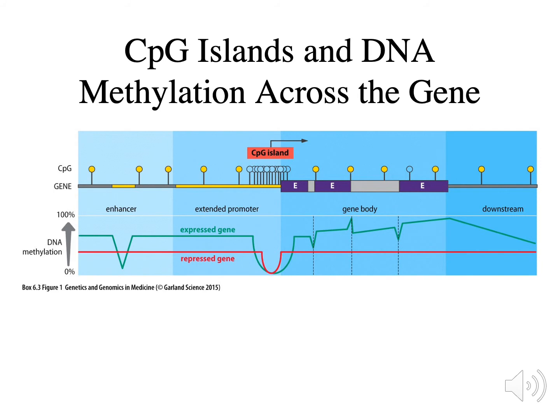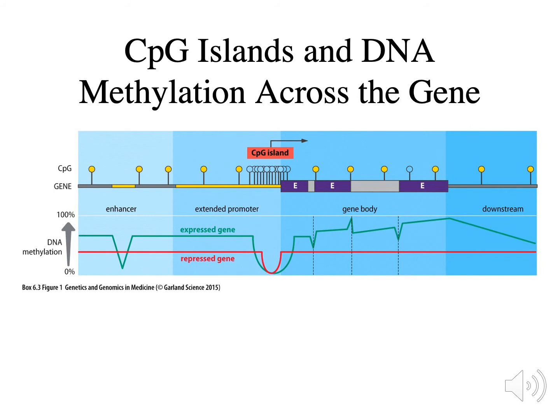Okay, this figure shows the pattern of CpG islands and DNA methylation across a gene. It's a hypothetical idealized human gene with a single CpG island located in the vicinity of the transcriptional start site, which is marked by an arrow, and three exons that are demarked as E. Those are the purple rectangles.